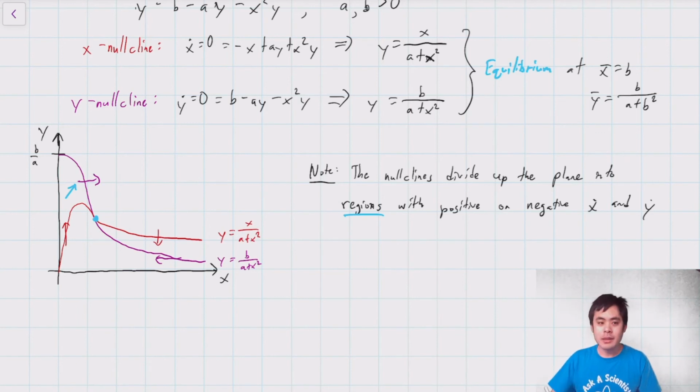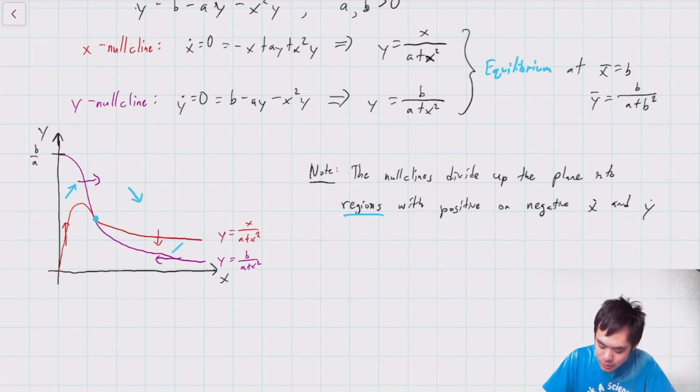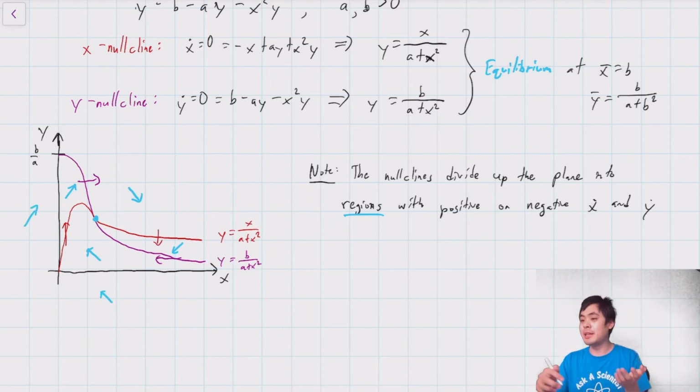In this region, all your trajectories are pointed down and to the right. In this region, between these two nullclines, you're pointed down and to the left. And in this region, you're pointed up and to the left. And note that this is true even where this crosses the axes. So this is not something that's bounded by the axes unless the axes themselves are also nullclines.